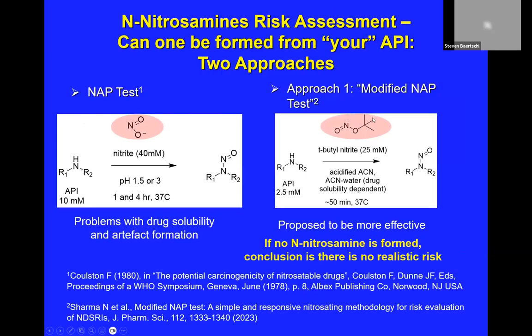One is called the modified NAP test, published by some researchers, where they modified the nitrite conditions and offered some solvent combinations. In just 50 minutes at 37 degrees C, you can see if your compound is likely to form an N-nitroso compound. The conclusion they propose is that if no N-nitrosamine is formed under this condition, there is no realistic risk of formation in your drug product.